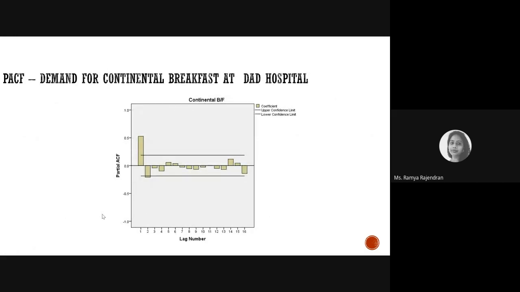When you plot your graph for PACF, the first and second lags have values lying above the confidence limit. So you can take it up to lag 3, which is a little closer to 0 and within the confidence limit. So here you can have k equal to 3.